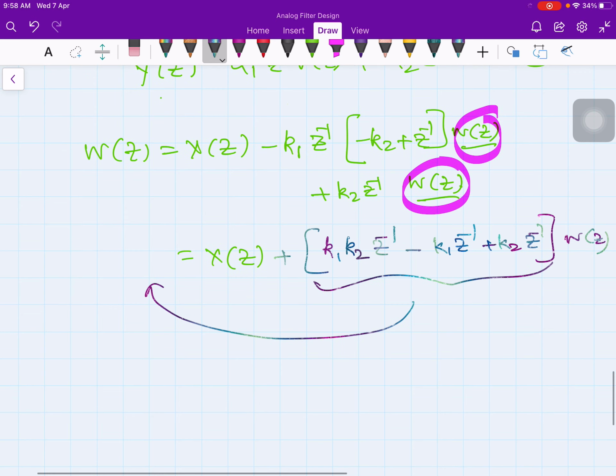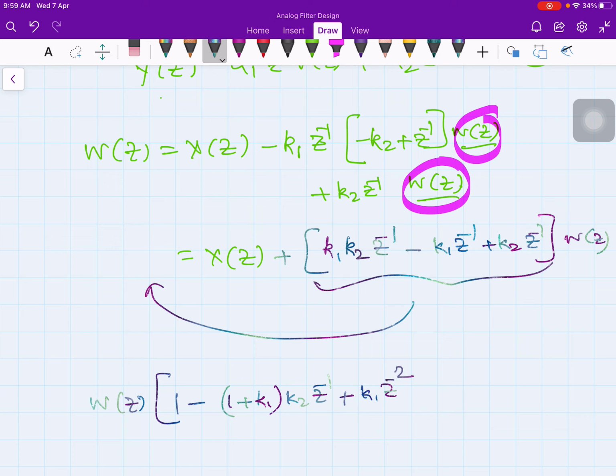then w of z times 1 minus 1 plus k1 times k2 z inverse, right, plus k1 z to the minus 2.